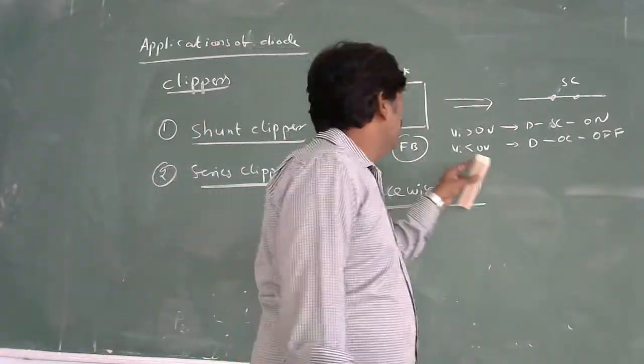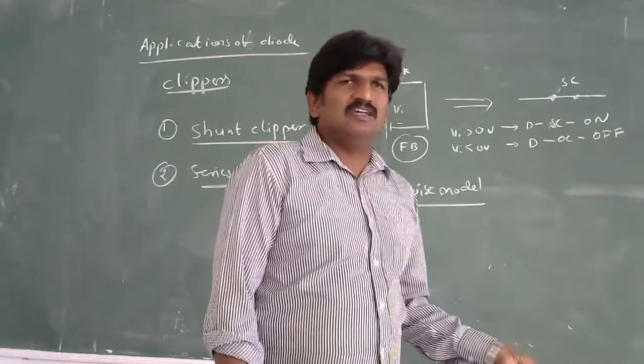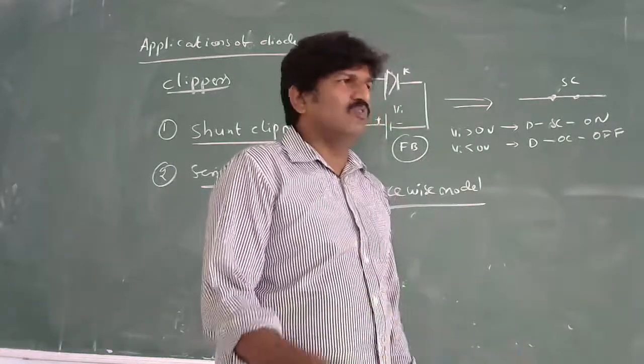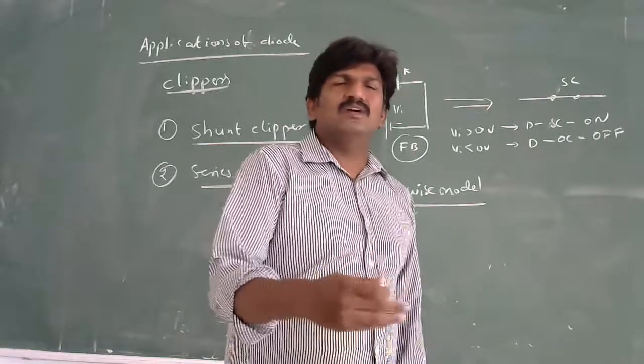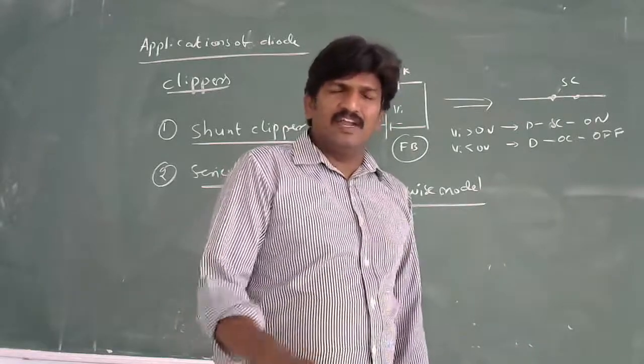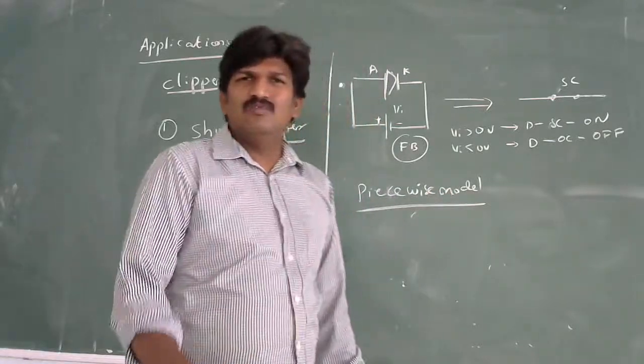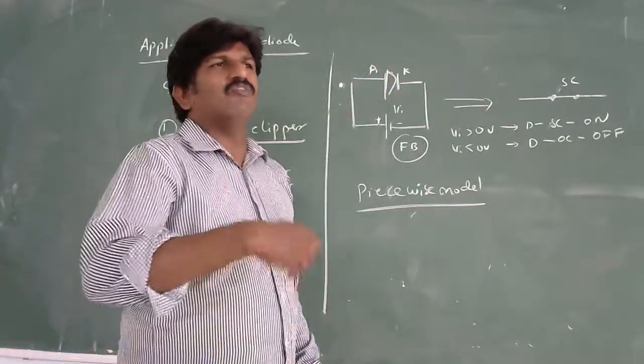Here, in the previous one, you have not considered the resistance. In the ideal characteristic, you do not consider the resistor and cut-in voltage. In the practical diode, you consider the practical cut-in voltage. In the piecewise model, you have to consider the cut-in voltage as well as the forward resistance.